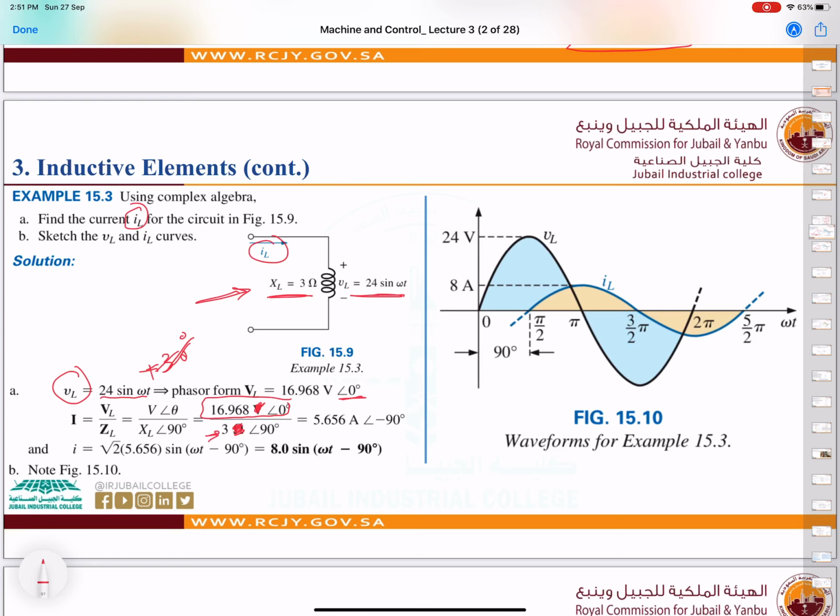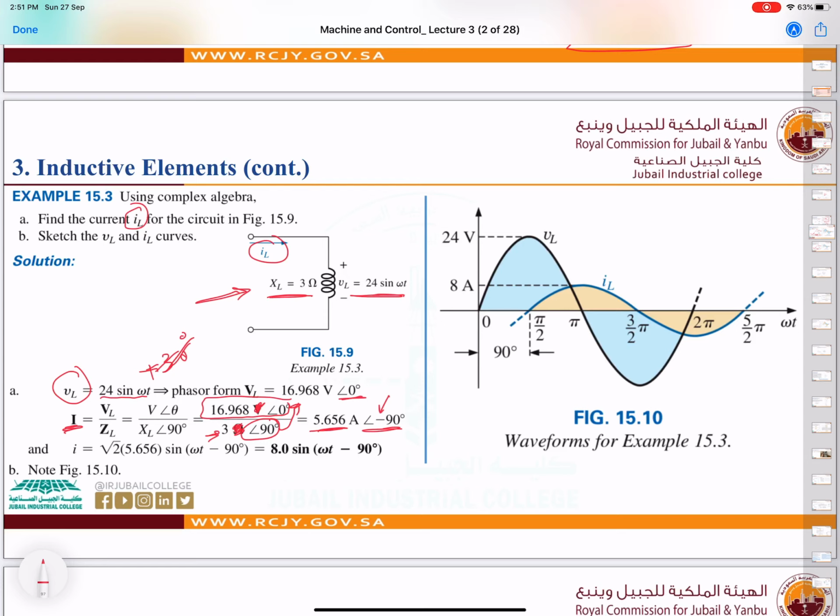That's why the value of the current is 5.656 with angle minus 90. Okay, because this angle is going up, so it will be in minus. Okay guys, clear?